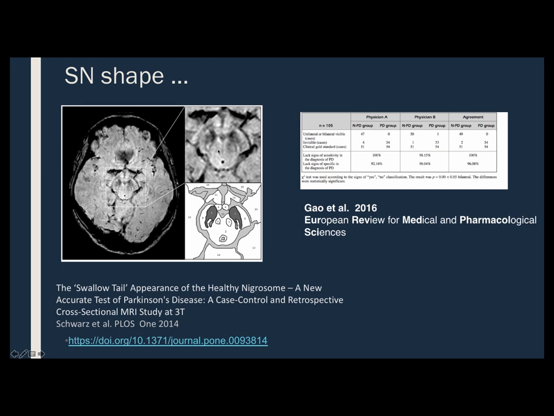So the contrast and what you're trying to get will determine whether you see something or not, and how you try to quantify, for example, the volume of the substantia nigra or the shape would depend on what approach you're taking, and which one is the right one is hard to define.